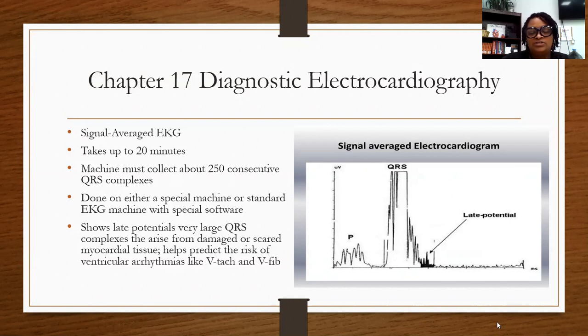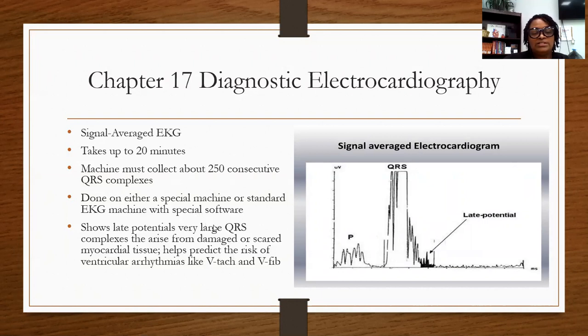And you notice you have these very large, wide QRS complexes with your signal average electrocardiogram. This can either be done with your routine EKG with special software attached, or it's done with a special signal average EKG machine.